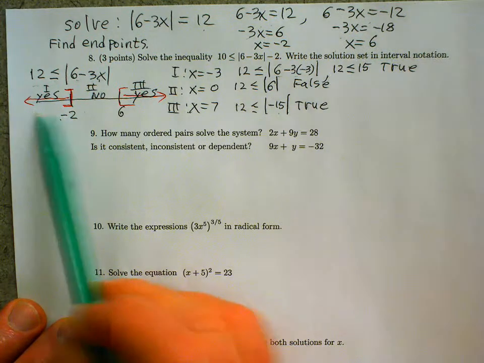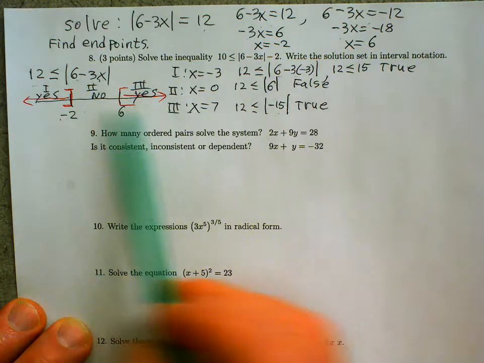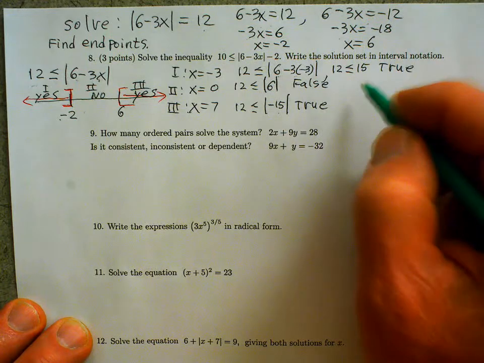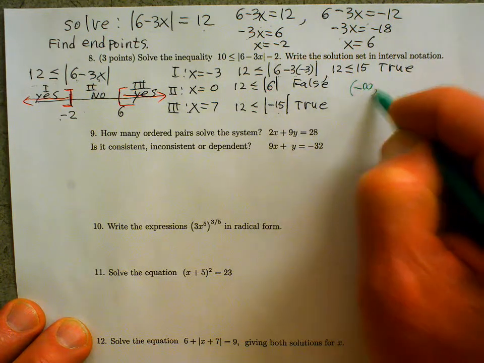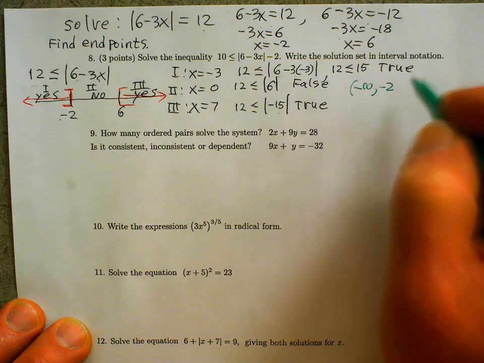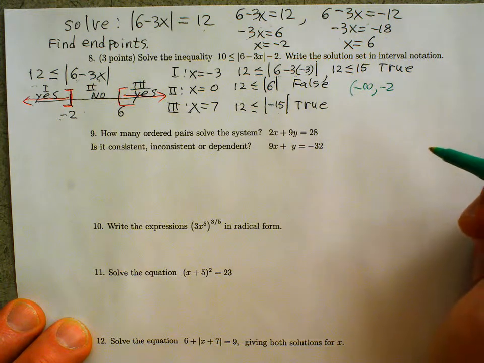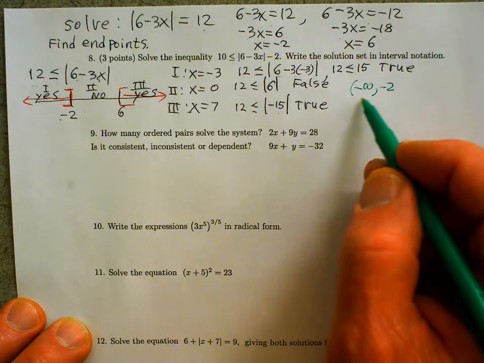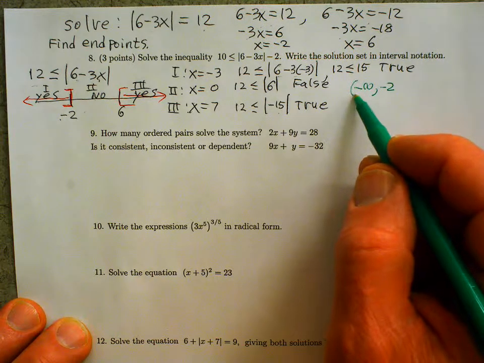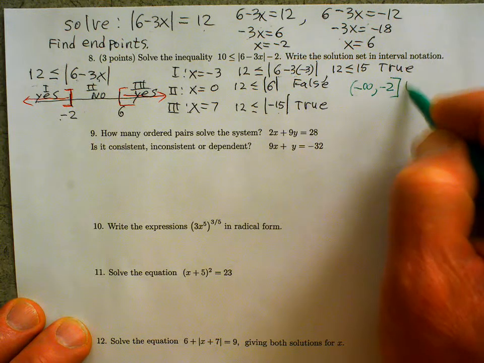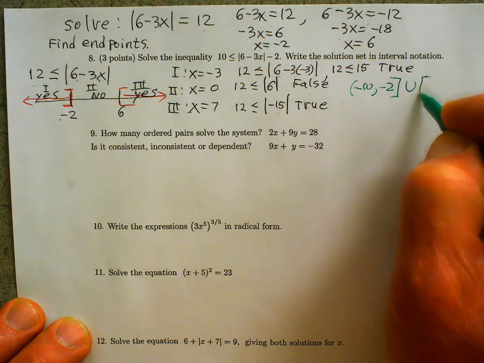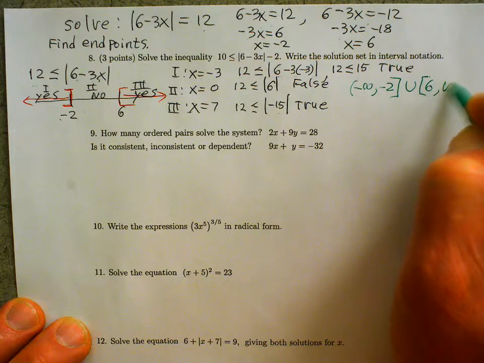And then the algebraic notation for this solution is, this is the interval notation, parenthesis negative infinity comma negative 2 bracket, and then union bracket 6 comma infinity.